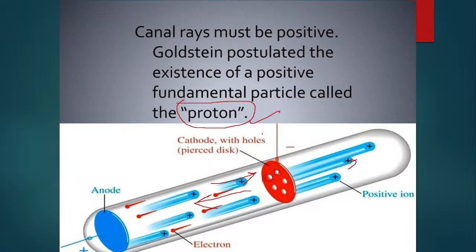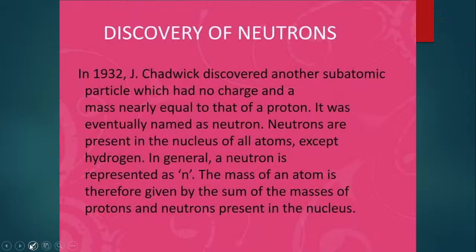So this was done by Goldstein. Hope you are clear with the two discoveries of electrons as well as of protons. क्लियर है ना? दोनों की डिस्कवरी काफी इजी है.